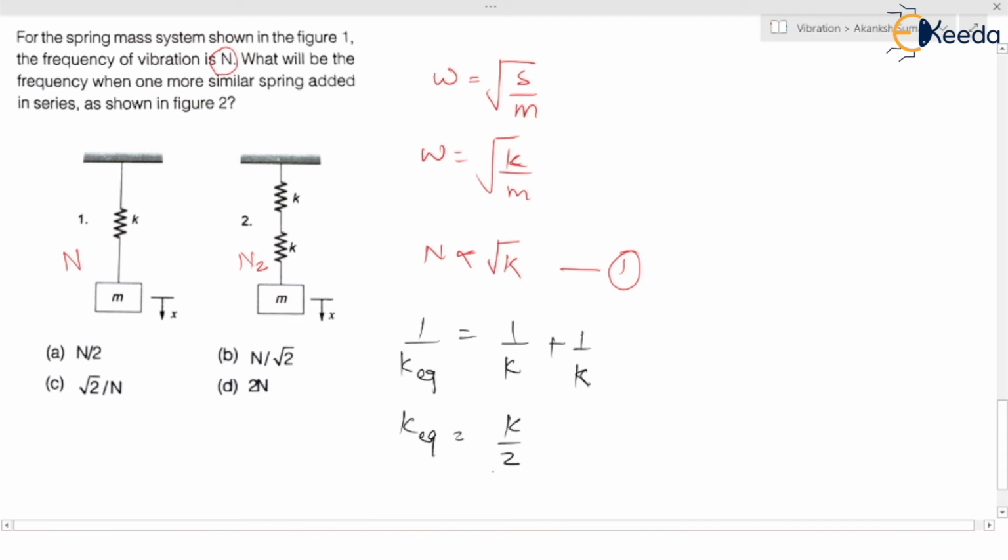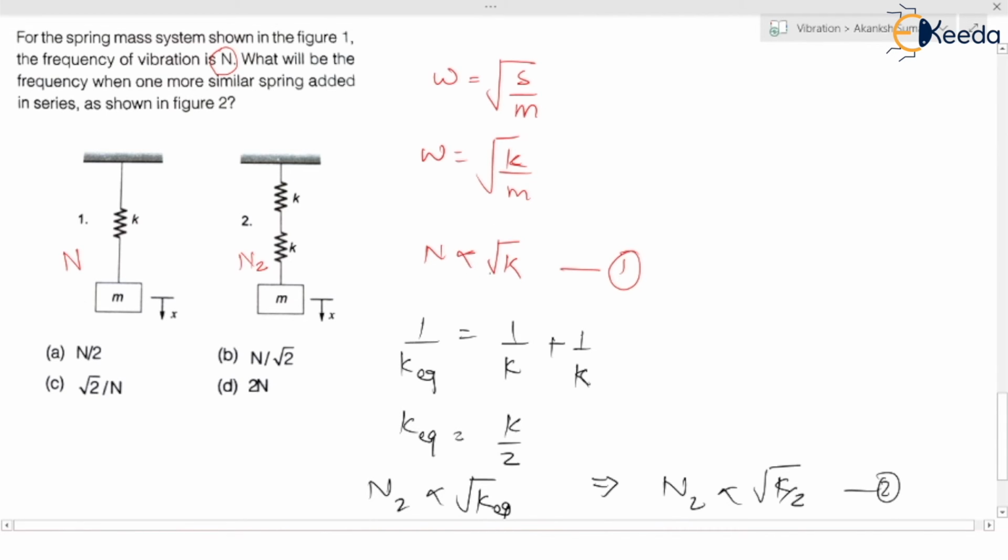So if this is the spring constant for the second figure, we can calculate n2, which is directly proportional to under root of k equivalent. Okay, so it would be n2 directly proportional to under root of k by 2. Okay, so now this is our equation number two, and we have to calculate the n2 value in terms of n.